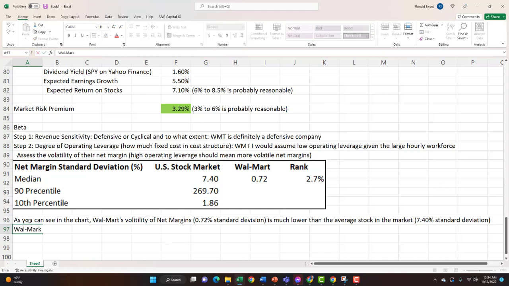Walmart ranks in the top 3% for having low standard deviation of margin.